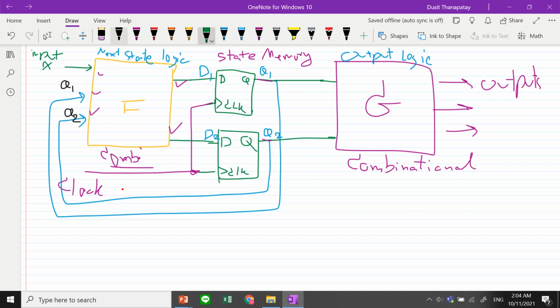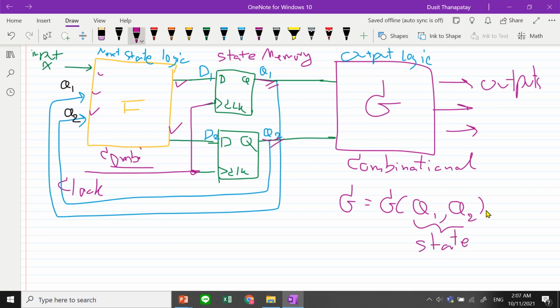This kind of state machine, in which the output is a function of or based on only the state variable, namely G is a function of Q1 or Q2 only. This is a state variable.